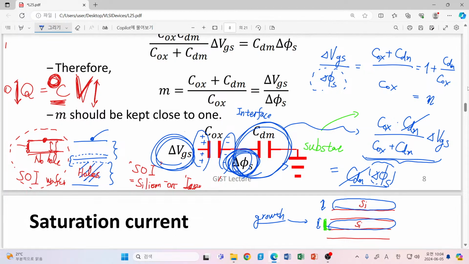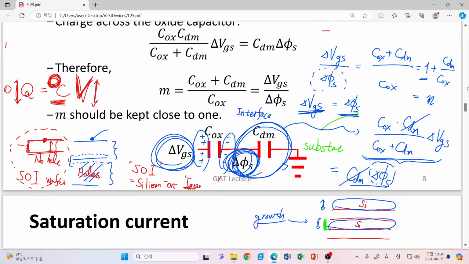If M is just 1, then we can say that the gate potential change is directly copied into the change of your surface potential. That's good, but unfortunately, since our silicon substrate itself has its own inertia, part of your additional voltage is consumed by it, so there can be a certain division between them.